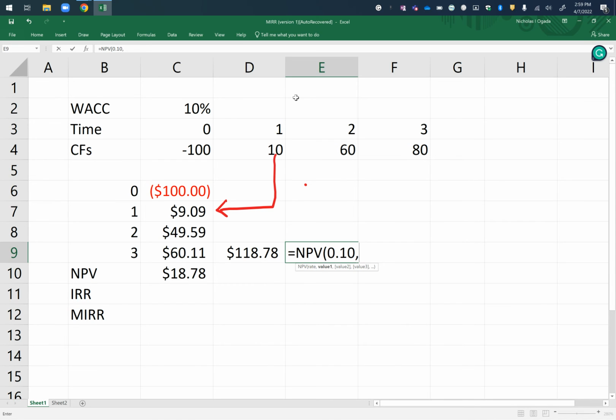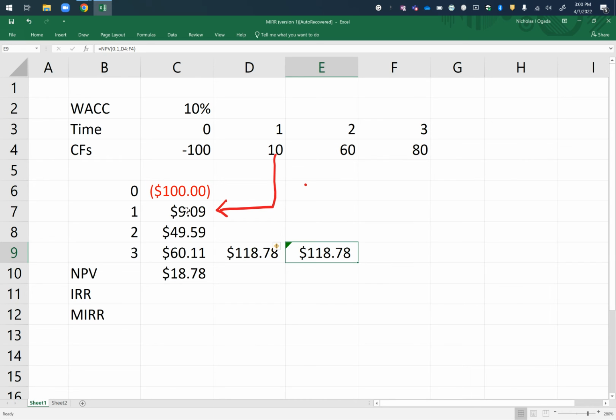We are trying to find the net present value of these inflows, the 10, the 60, the 80. I can highlight those values and enter, and this will give me the net present value, which is the same thing I just showed you. The net present value is 118.78, but this is where I'm doing this in a one-step process.